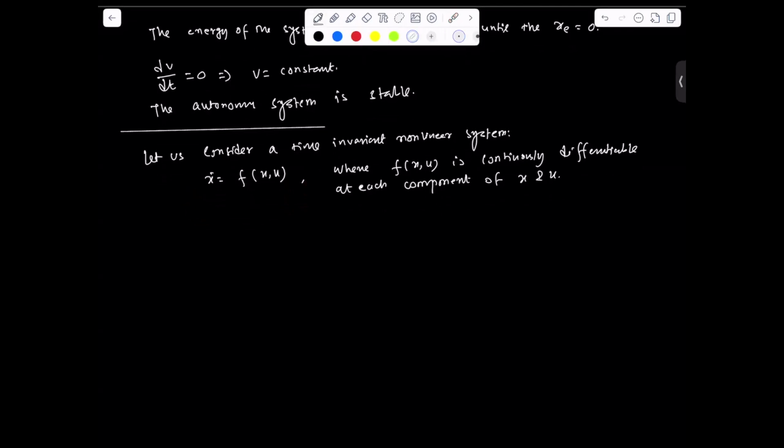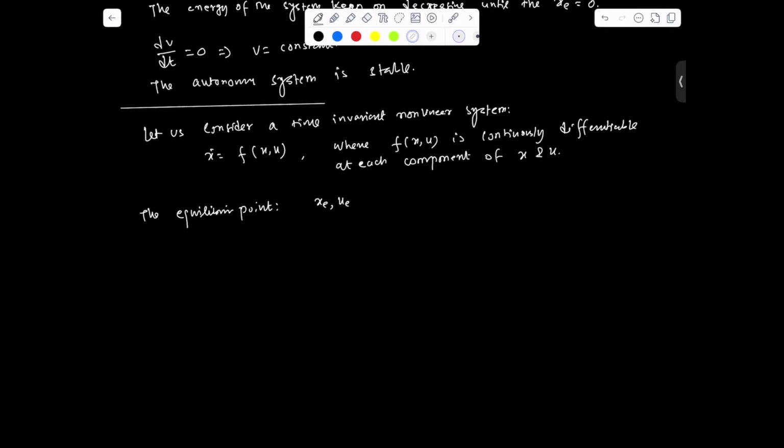Let the equilibrium point be defined as x_e and u_e. At the equilibrium point, we can write f of x_e, u_e equal to 0.